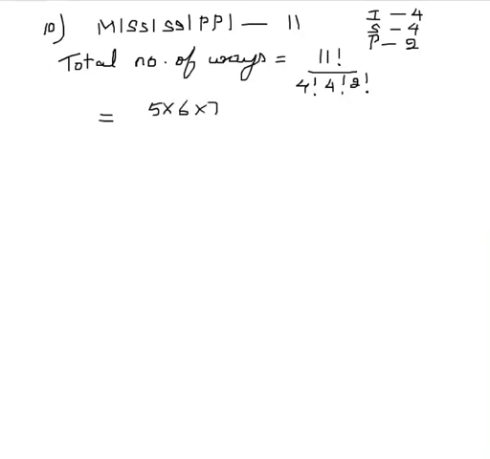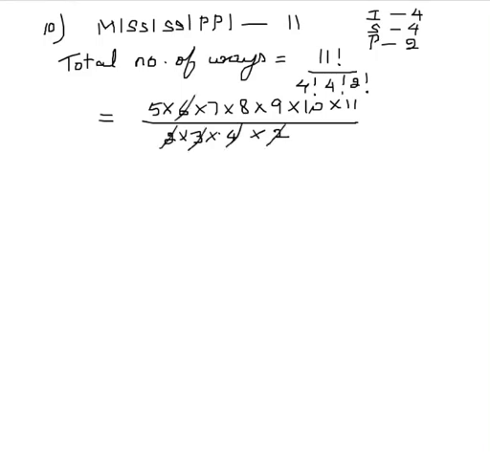So 5, 6, 7, 8, 9, 10 and 11 divided by 4 factorial into 2 factorial is 2. 2 3s are 6, 4 2s are 8, 315 into 110. The answer is 34650.